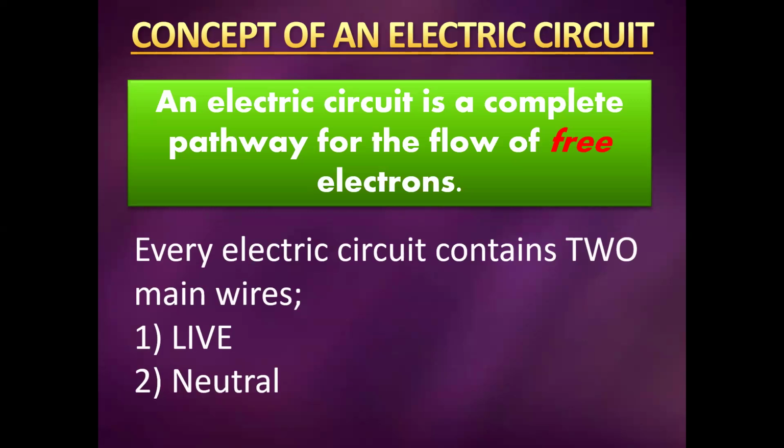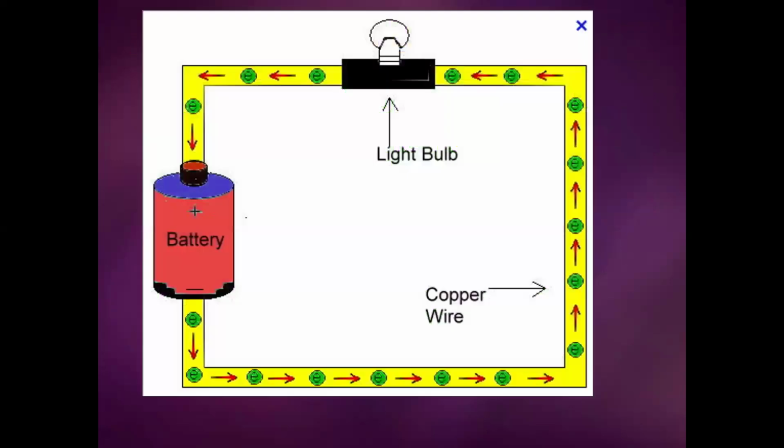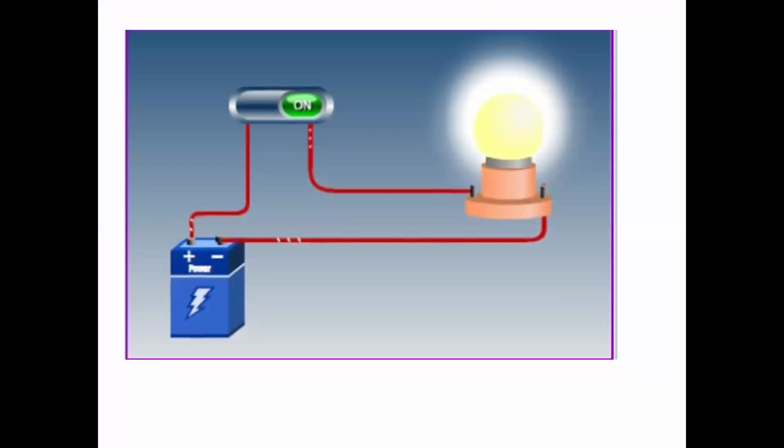So every electrical circuit consists of two wires, live and neutral. Now the live wire carries the high energy electrons while the neutral wire takes them back, as I explained in the start. So for example, this is a circuit and this is a minus terminal.